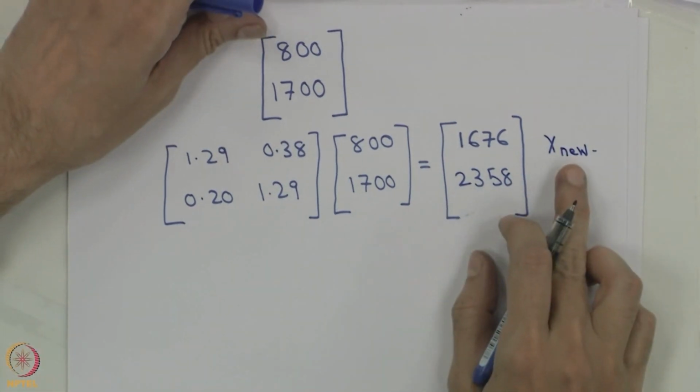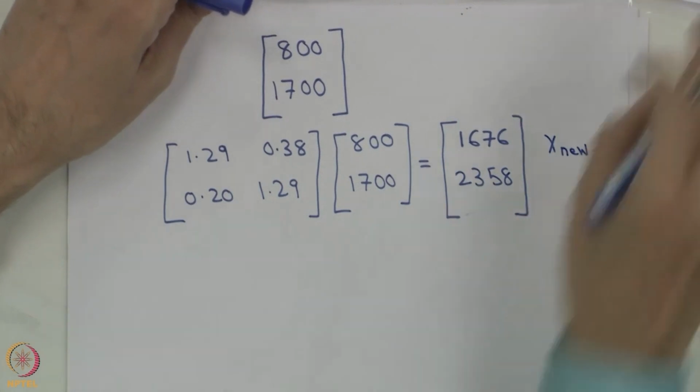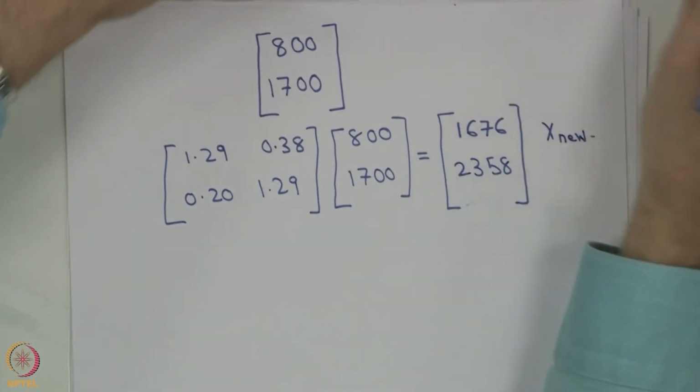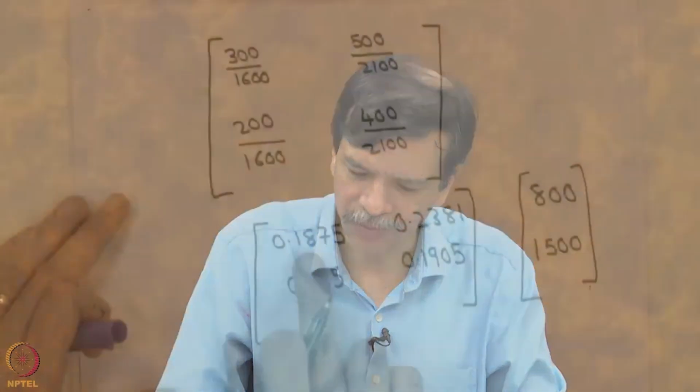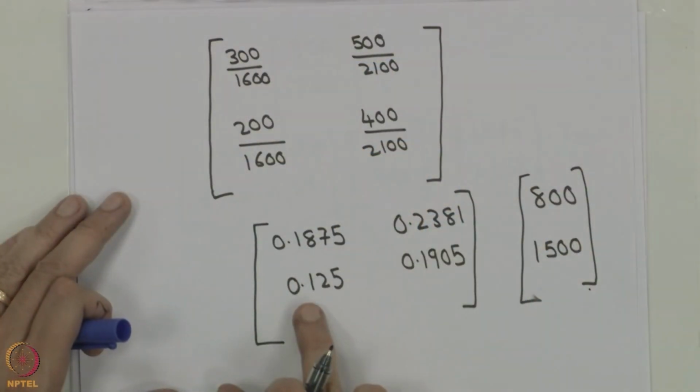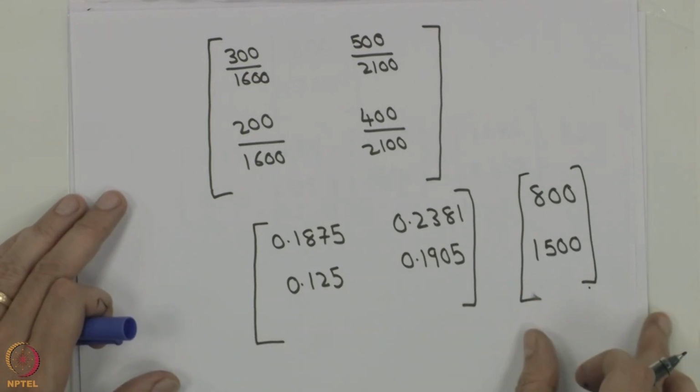Now, we can take this and multiply it by the coefficients that we had calculated last time, which are the A coefficients. If you remember, these were the values 0.1875, 0.2381, 0.125, 0.1905.